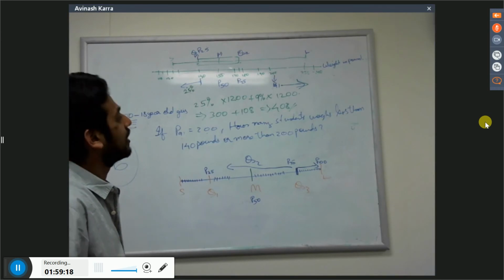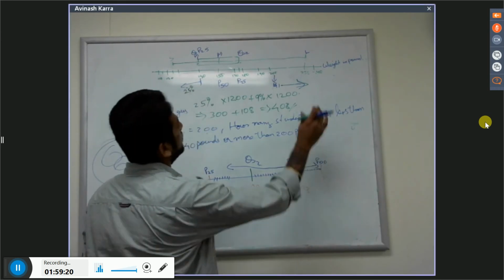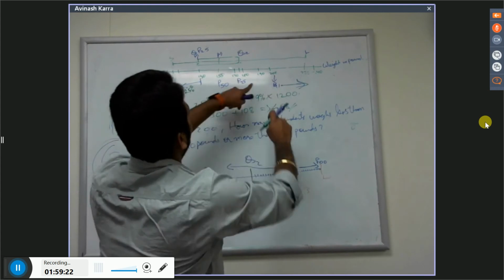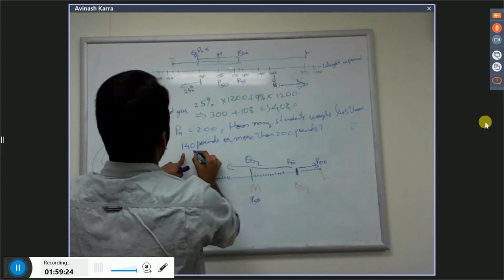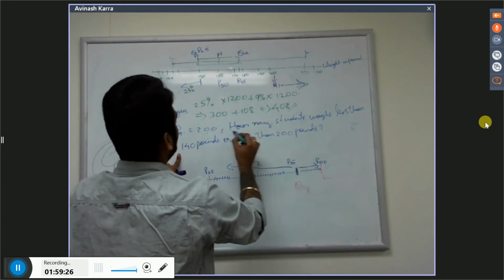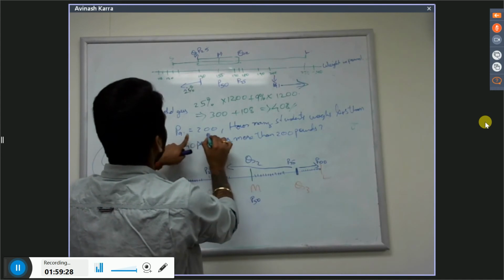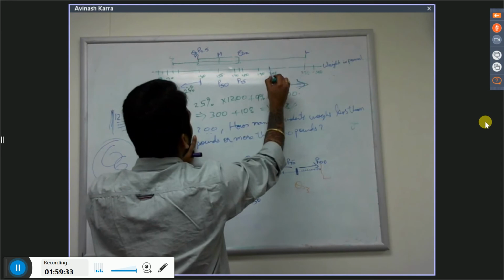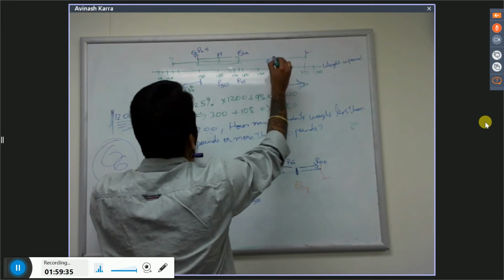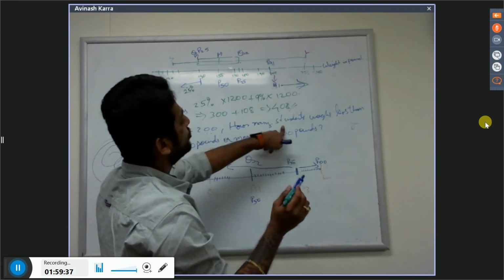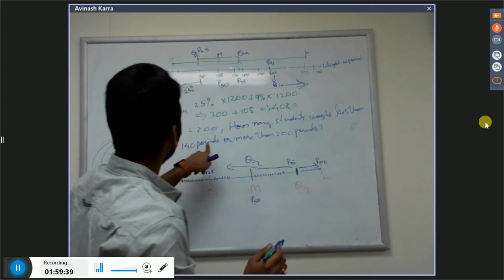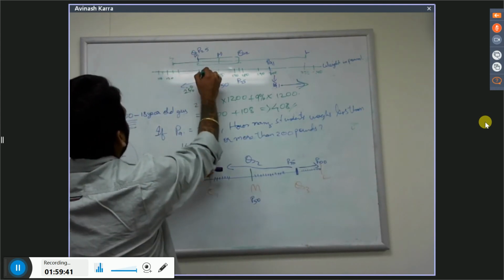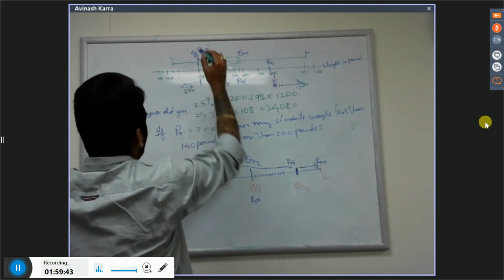Yeah. Okay. In the same way, here P91, what he is asking, 140, P91 is equal to 200. At 200, P91 stands. How many students weigh less than 140 pounds? 140 pounds we already know is P25.